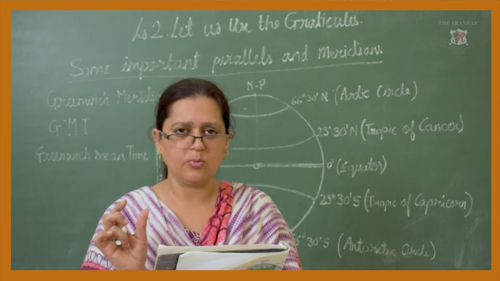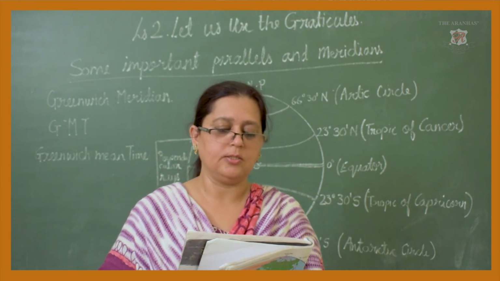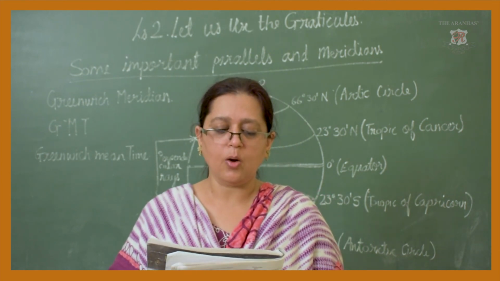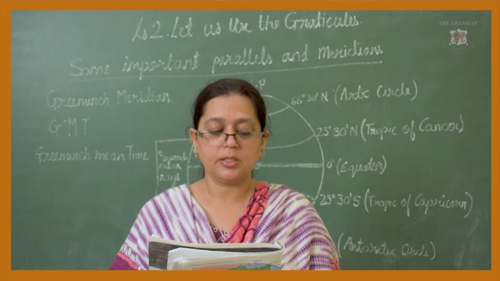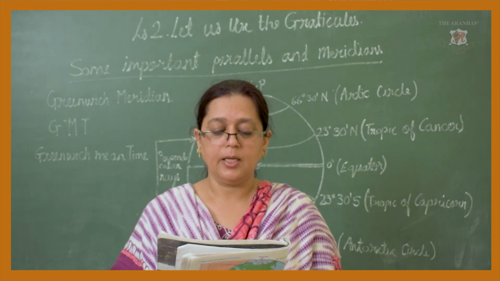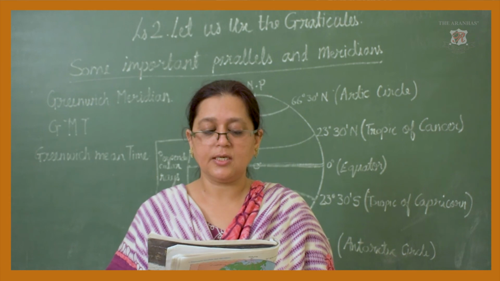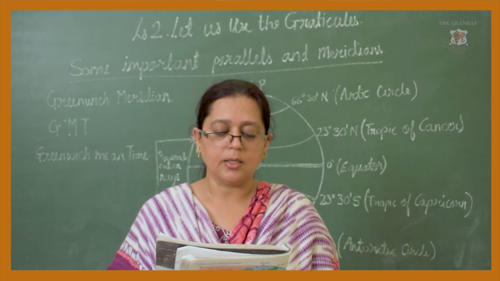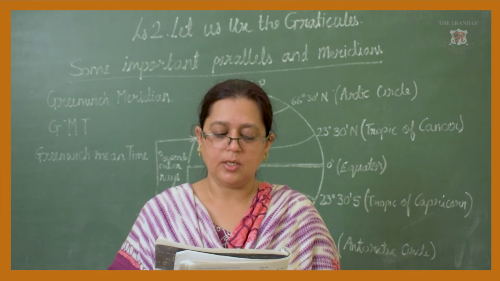It is the very smallest country in the world. It spreads over an area of 0.44 square kilometer. This country is located within Italy on the Italian peninsula.